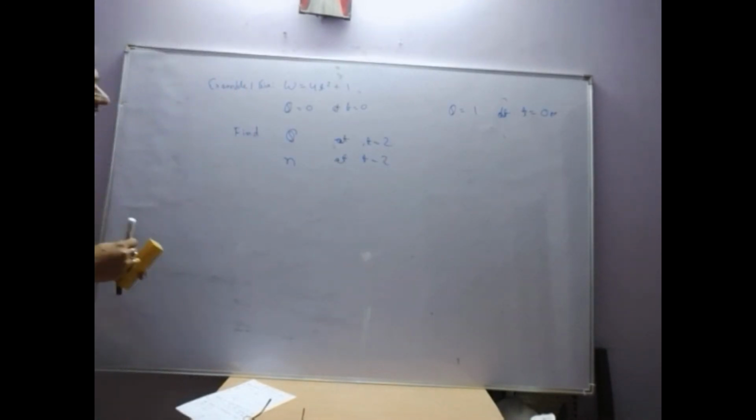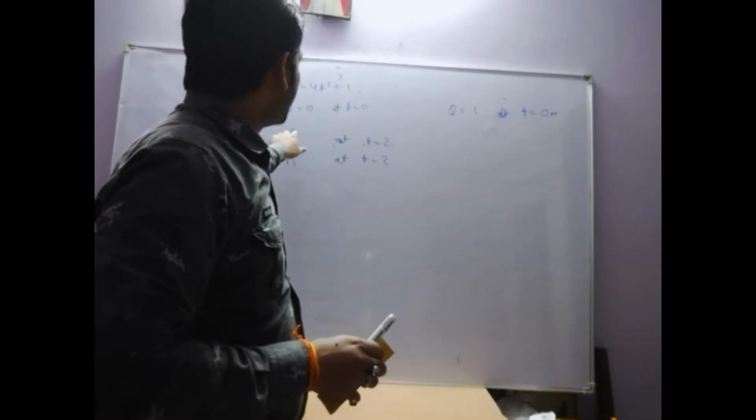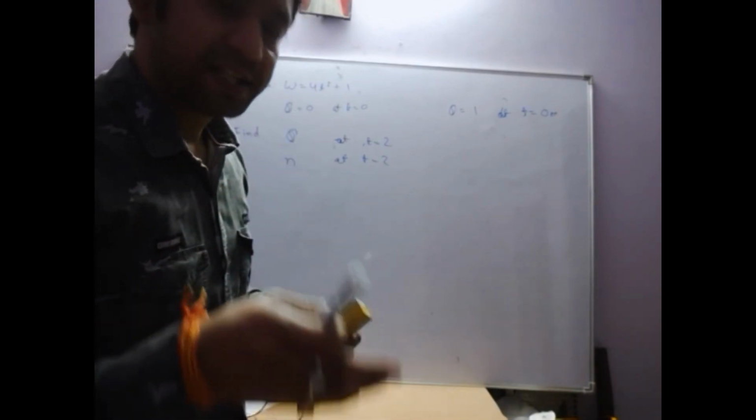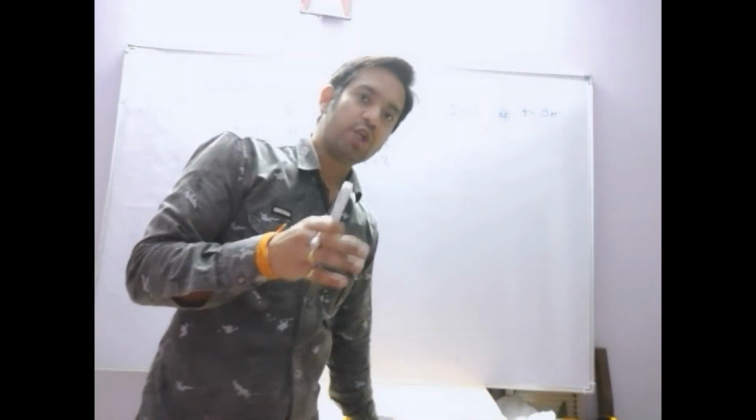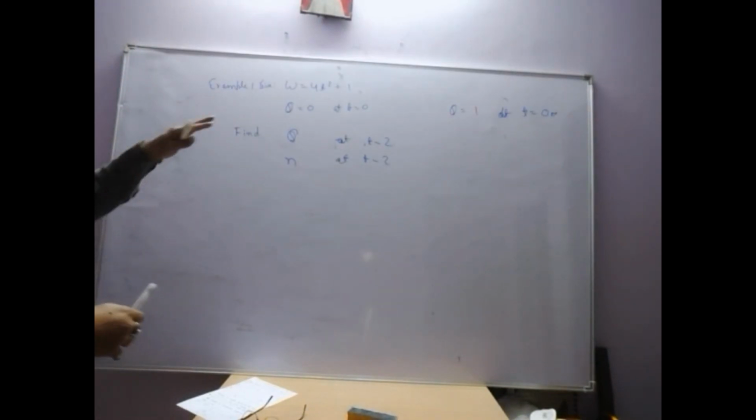In this question, our main objective is to calculate theta. If theta is obtained, then we easily obtain the number of revolutions by theta equal to 2 pi n. So our first objective is calculating theta.